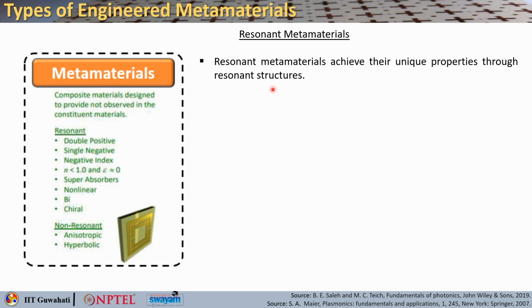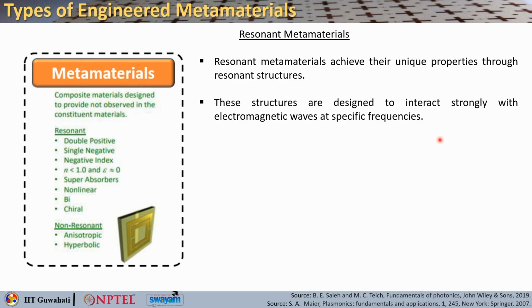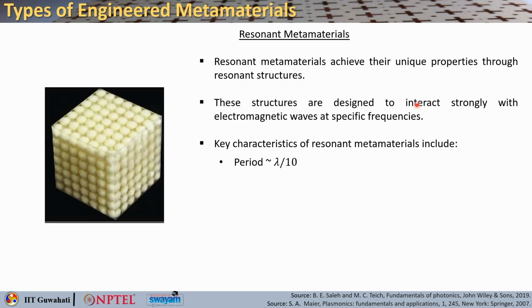So, we have seen that the resonant metamaterials basically achieve their unique properties through their resonating unit cells, okay, and these structures are designed in a way that interacts strongly with the electromagnetic field at specific frequency. So, you basically try to match the resonance of the structures with the incident field's frequency, okay.